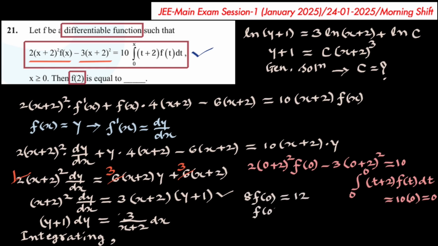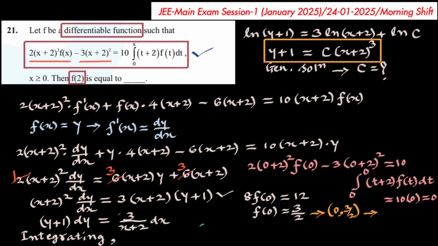So f of 0 will be 12 by 8, 3 by 2, which also means 0, 3 upon 2 satisfies this general solution. So 3 upon 2 plus 1 equals c times 0 plus 2 cube, that gives c equals 5 upon 2 upon 8, 5 upon 16.